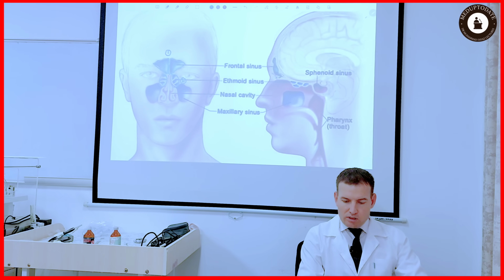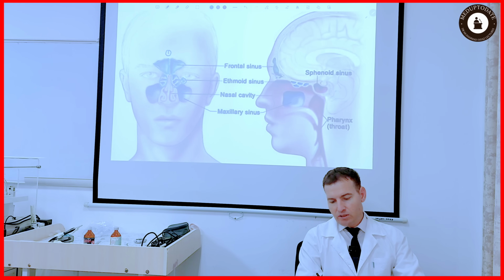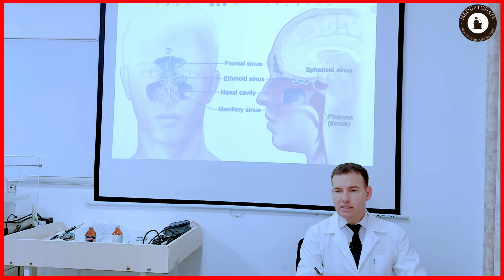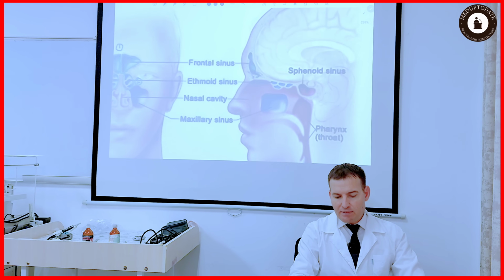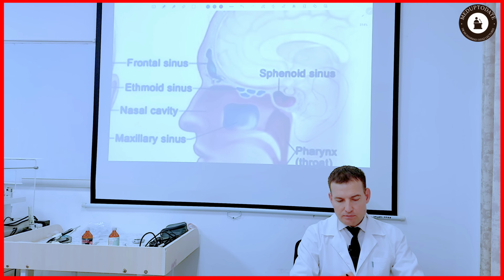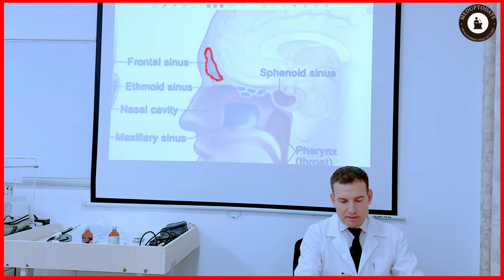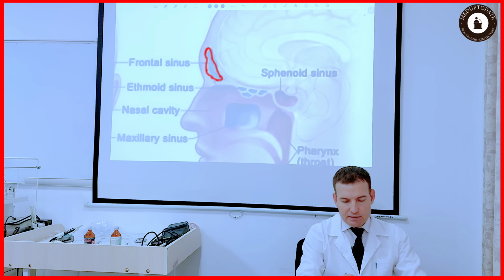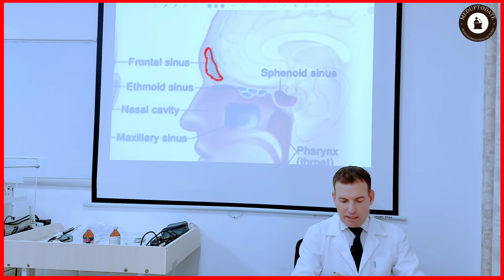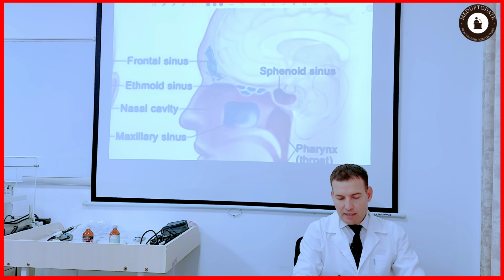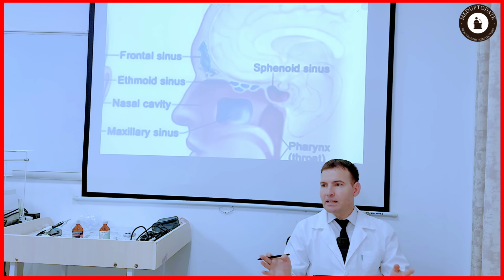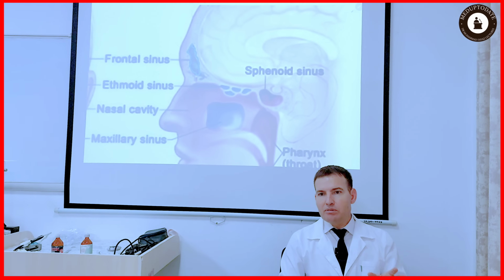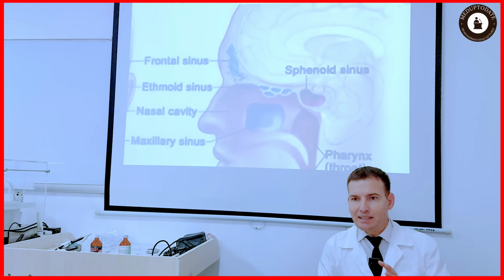Now come on to the sagittal section. On sagittal section, you can see the ethmoidal sinus very clearly. So this is the frontal sinus. It looks like this on sagittal section. The ethmoidal sinuses are arranged in a row. There are many cells, but three of them are considered to be sinuses.